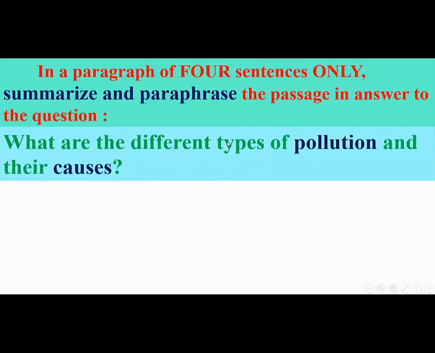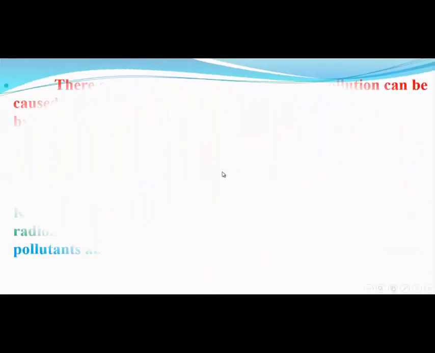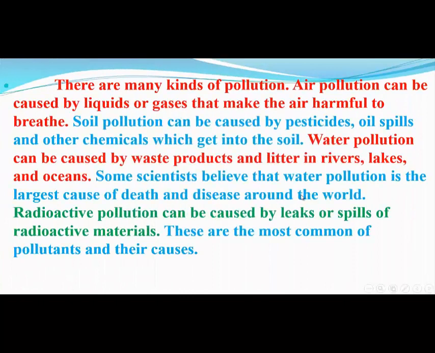I have to find the ideas in the paragraph that are in harmony with the question: types of pollution and their causes. Now, this is the original text, and we are to summarize it using only a paragraph of 4 sentences.